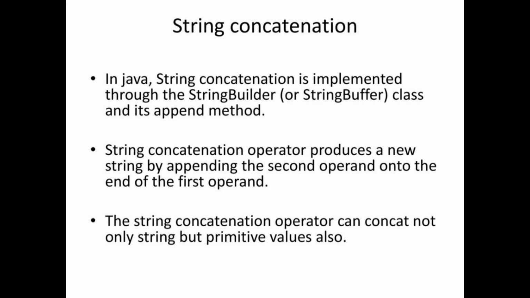In Java, string concatenation is implemented through the StringBuilder class and its append method. The string concatenation operator produces a new string by appending the second operand onto the end of the first operand. The string concatenation operator can concatenate not only strings but primitive values also.